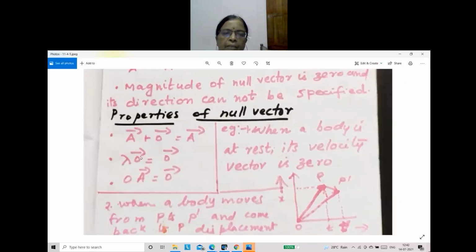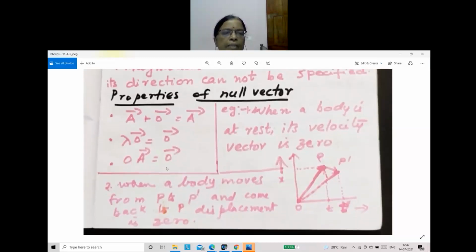When it is multiplied with 0 vector, it becomes 0 vector itself. So when 0 vector is added, we get that vector itself; when 0 vector is multiplied, it becomes 0. Then 0 into vector A, that is 0 vector itself. Okay.